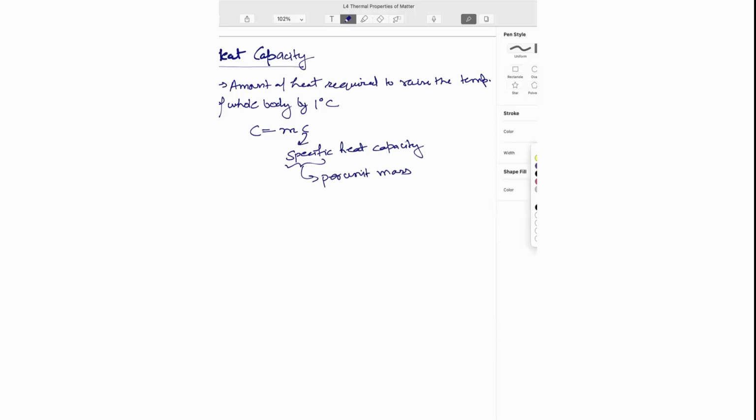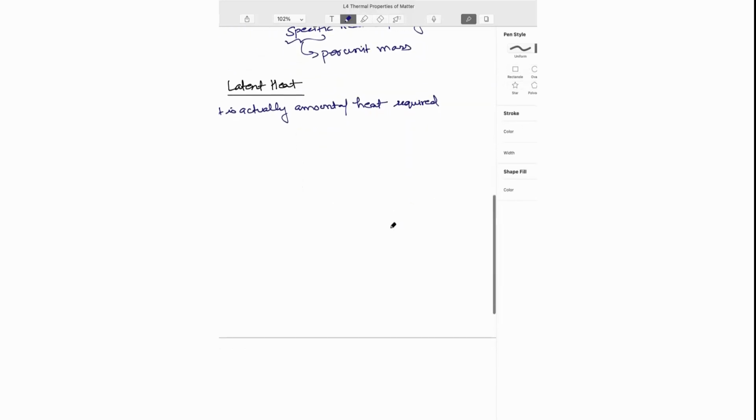Now let's look at the concept of latent heat. So what is latent heat? It is the amount of heat required to change the phase of a material at the same temperature.